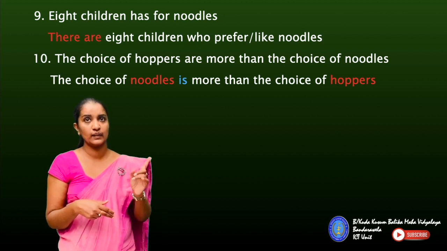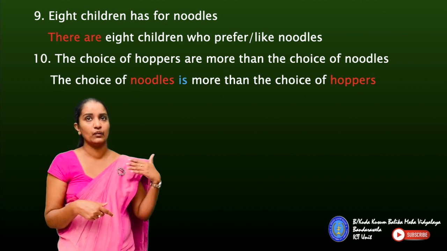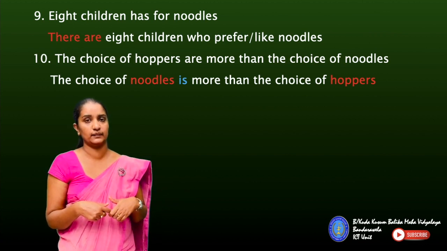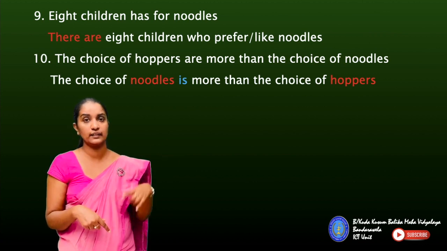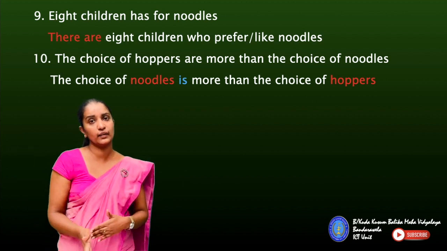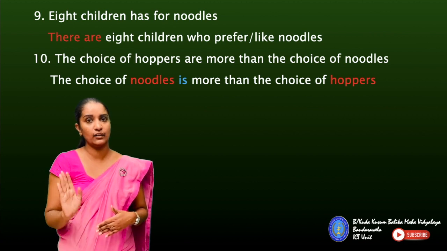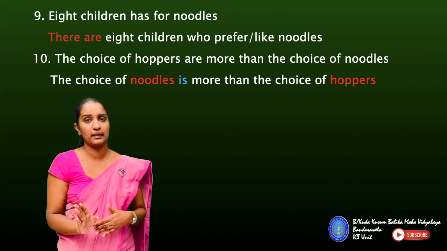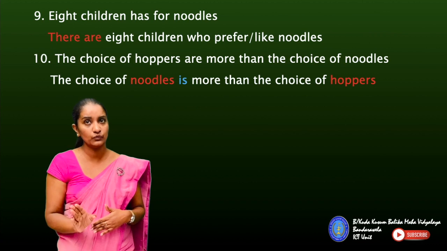And also there is another mistake. What is it? Hoppers and noodles. That also should be changed because it's not in the first sentence. It is not a correct interpretation. If you study the graph, you can see it's not the choice of hoppers, but it's about the choice of noodles more than the choice of hoppers.